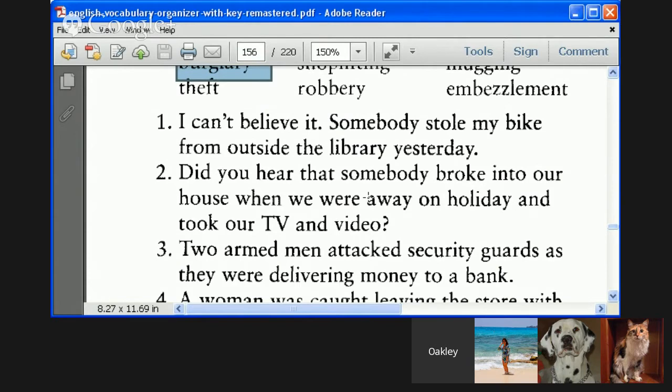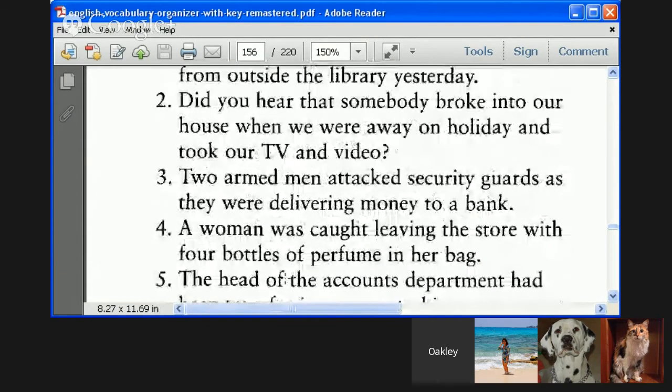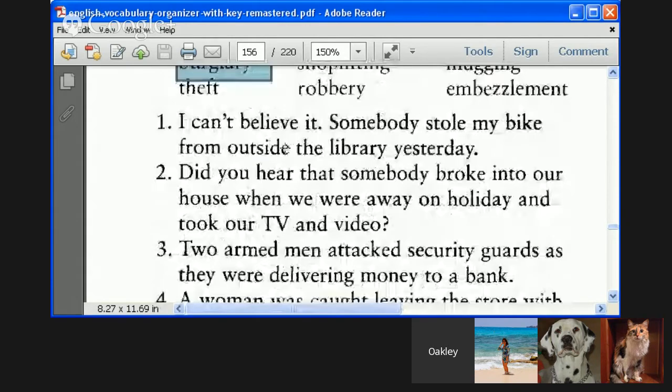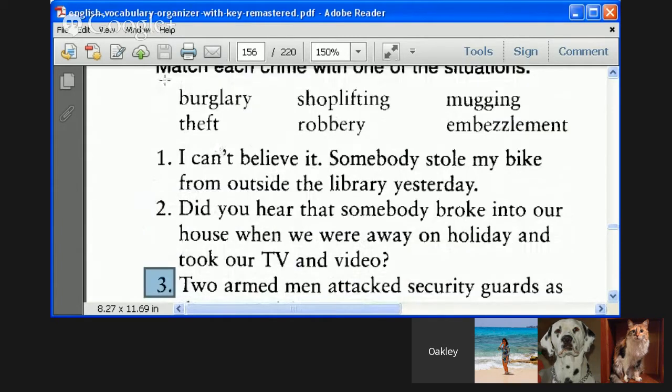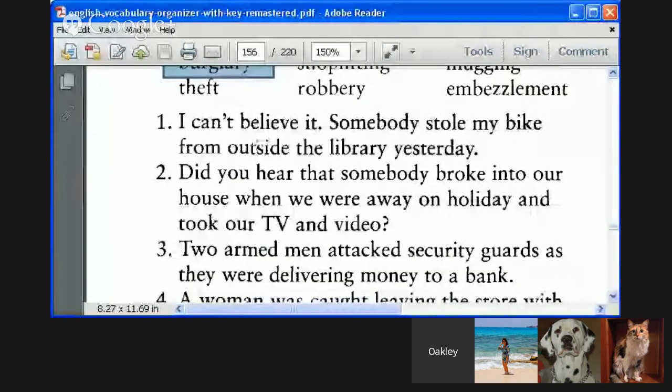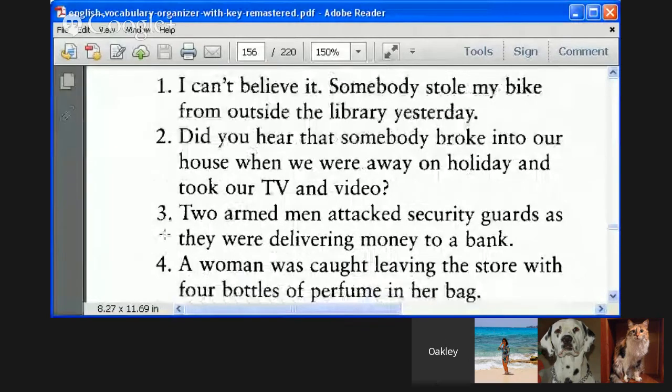Is burglary a common crime where you live, or very uncommon? I'm not sure about common, but sometimes I hear about it. Mm-hmm. Okay.